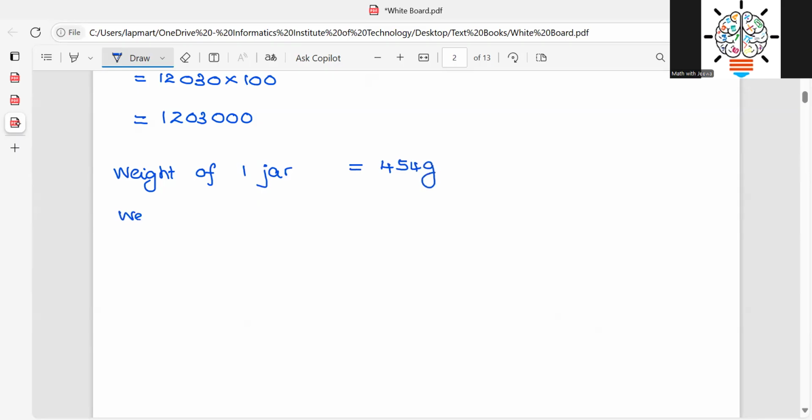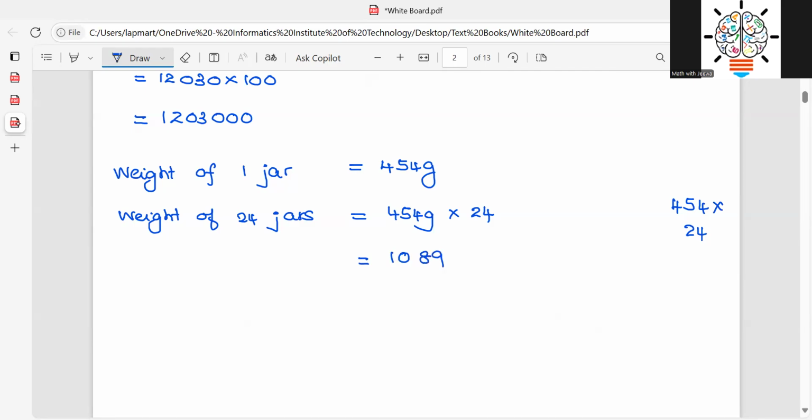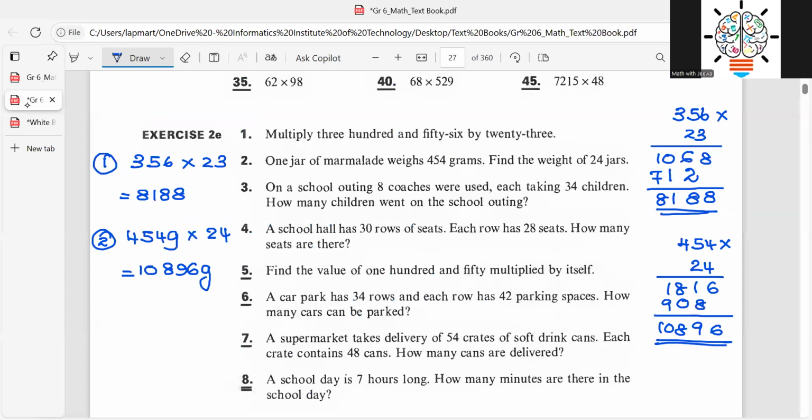Then we write weight of 24 jars, 454 grams multiplied by 24. I do the working here, 454 multiplied by 24. So it gives me the answer 10,896 grams. Okay, so this is how you want to show it in words because these are word problems.